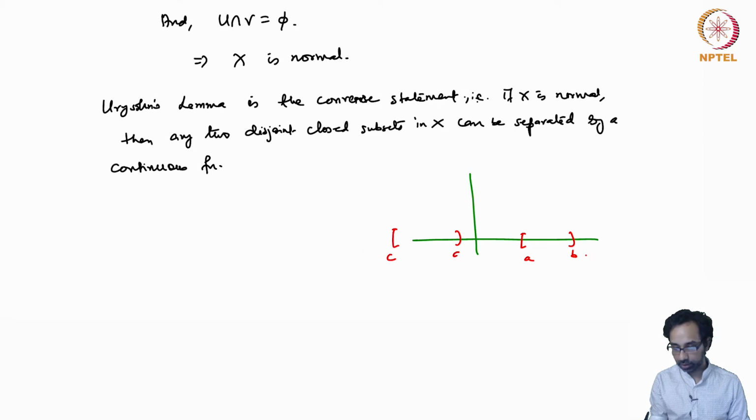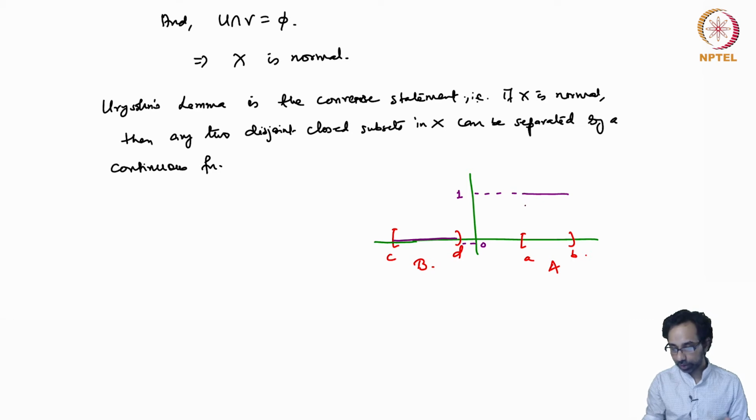Let us call this A and let us call this B. You want to construct a continuous function which is identically equal to 1 on A and 0 on B. So it's about trying to interpolate between the two values 0 and 1 and fill in the gaps between A and B, so to speak.